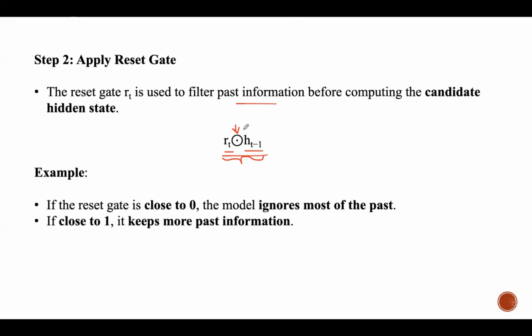For example, if you take the same context, the cat sat on the mat, when predicting the word sat, past words like cat may or may not be relevant. If this RT value is high, cat influences the prediction. If this RT value is low, the model focuses more on the word sat itself. So this helps GRUs adaptively forget or retain past information, thus improving performance on sequential data.